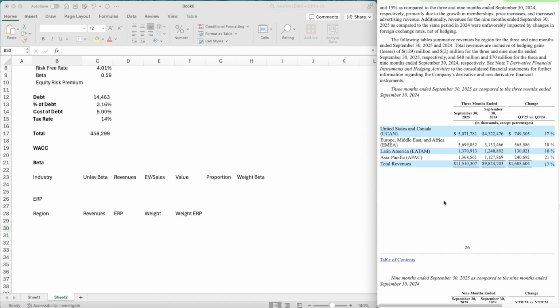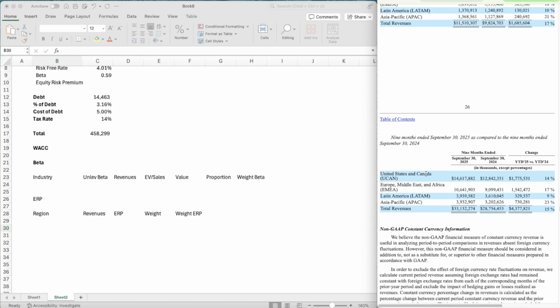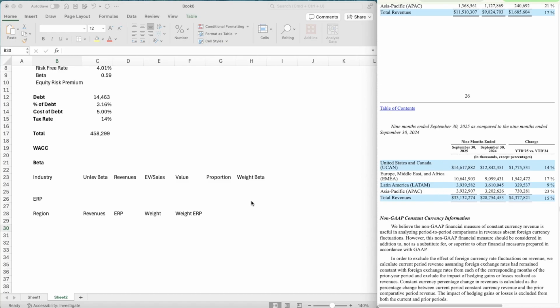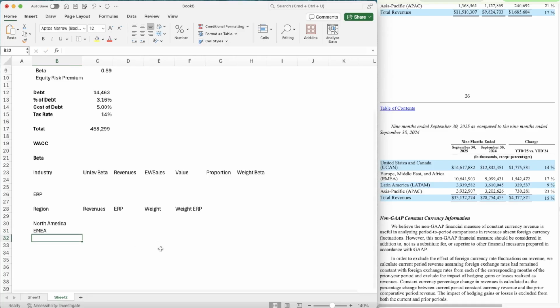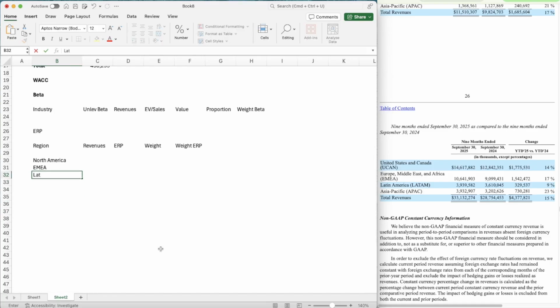Here it is. 9 months. Okay, so the US, let's call it North America because it's easier. EMEA, LATAM, APAC.